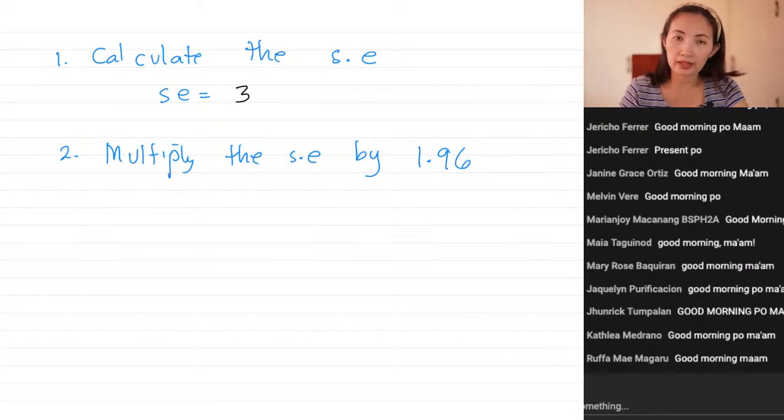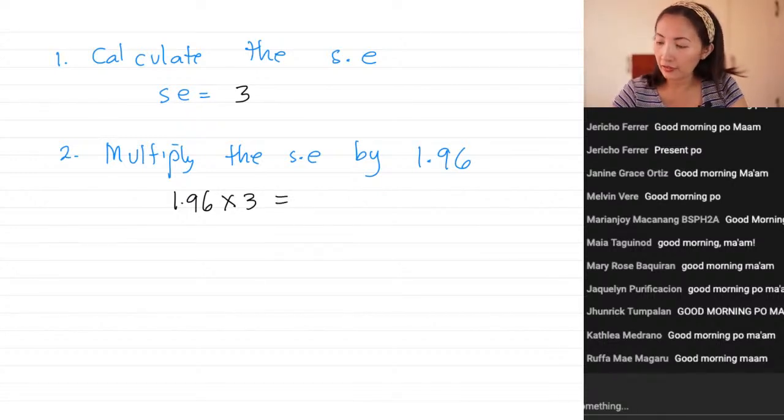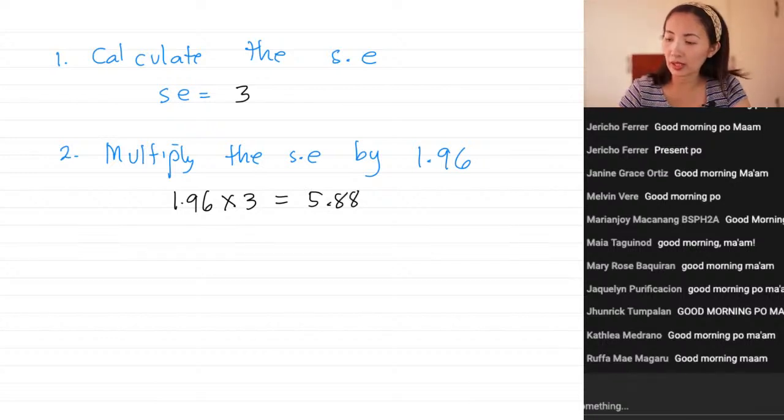Get the product of the two. 1.96 times 3 is equal to 5.88.